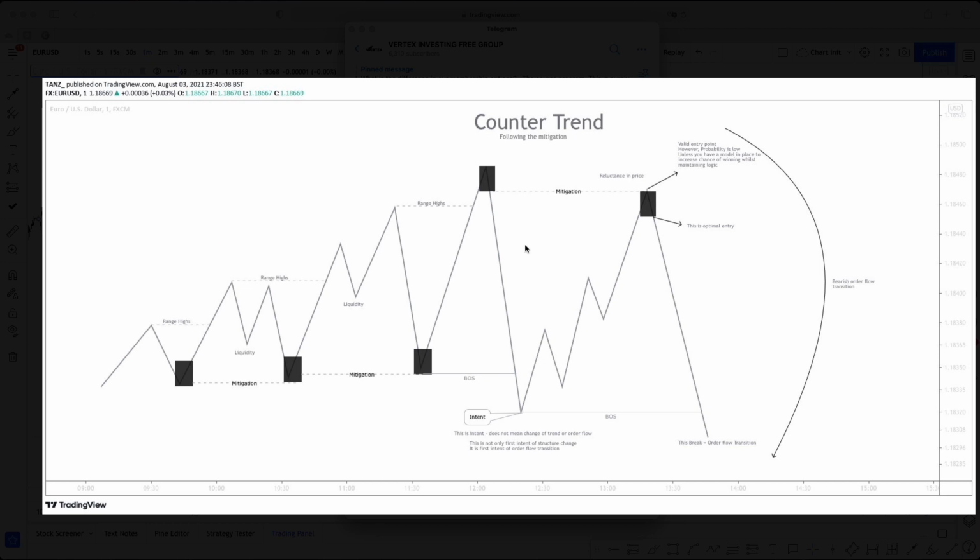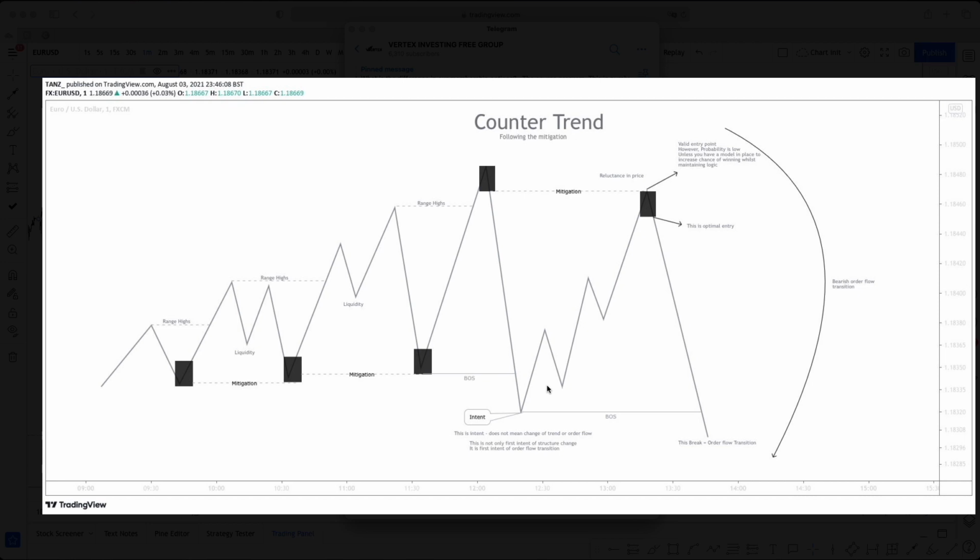The only thing is the counter trend situation. Understanding when order flow is fractured will give you that ability to anticipate moves before they happen, right? And it is as simple as seeing it as a break of structure and a return to an OB. Okay, it's as simple as that.